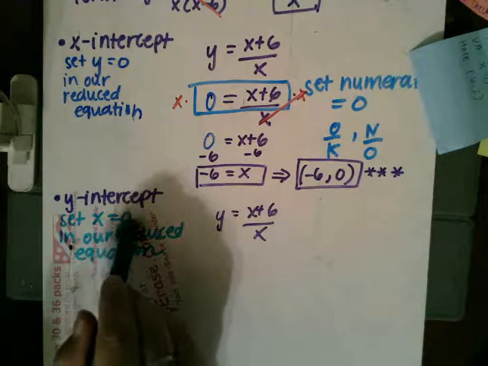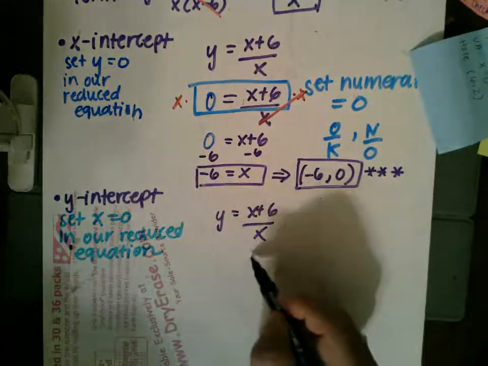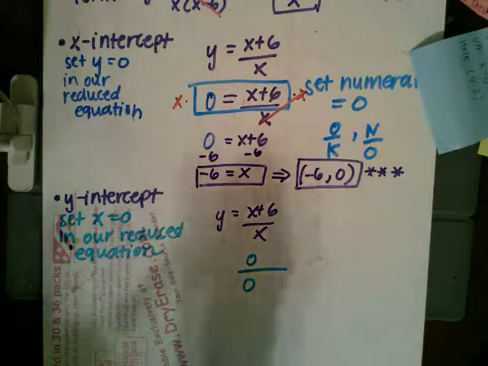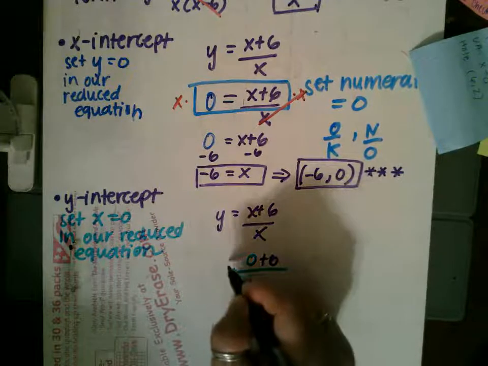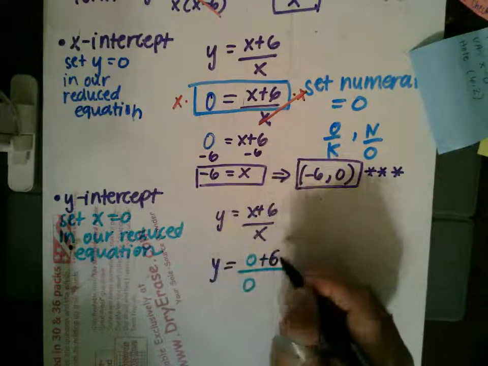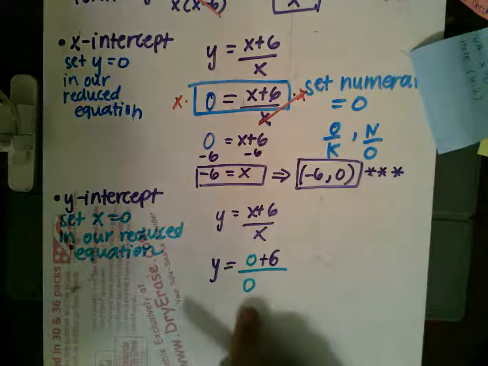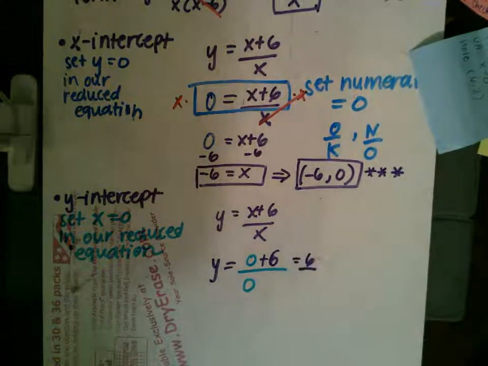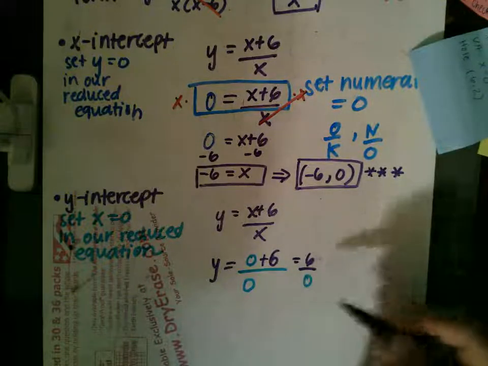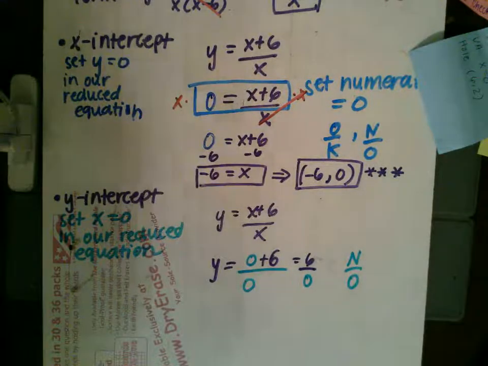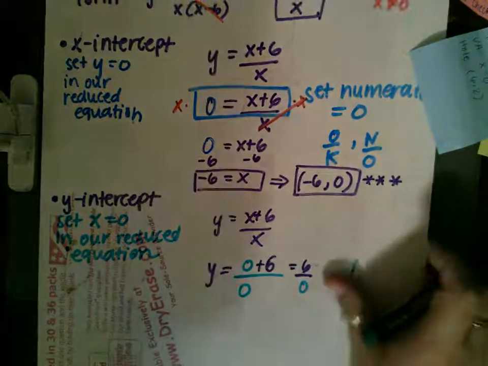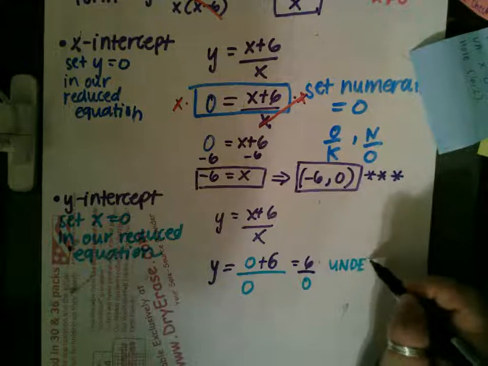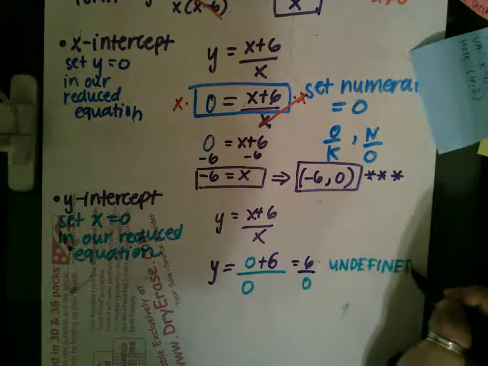Now we set x equal to 0. So 0 plus 6 over 0. Uh-oh, we're dividing by 0. If I reduce this, I would get 6 over 0. Remember, it is not okay to divide by 0. If I plugged this into my calculator, it is undefined. Remember from Slope Dude?